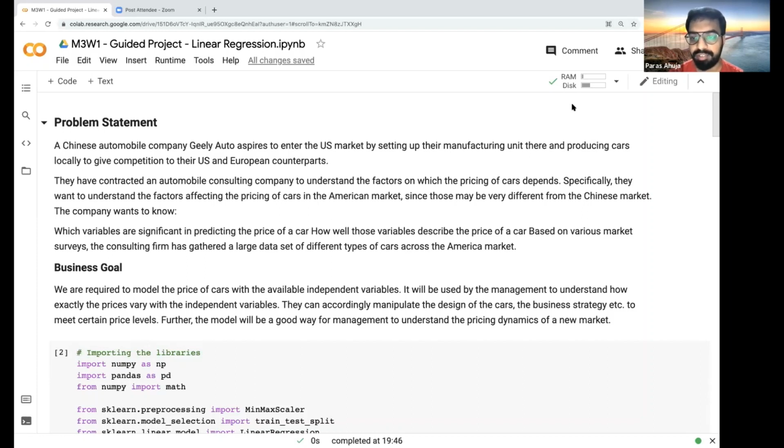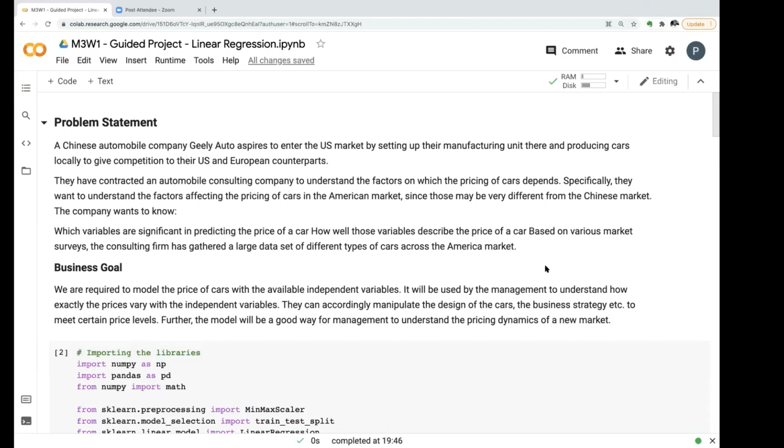Can you download the file? Can everyone please check? Rajat says he's not able to access the file. Is everyone able to download the file? Yeah, we are able to download that file. Okay, Rajat, I don't know what the issue is on your end.